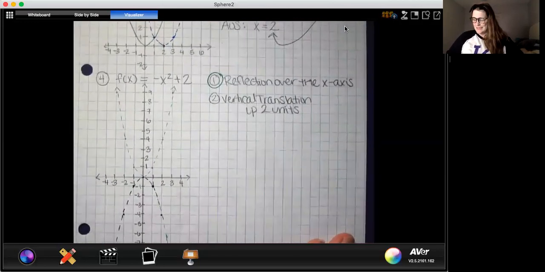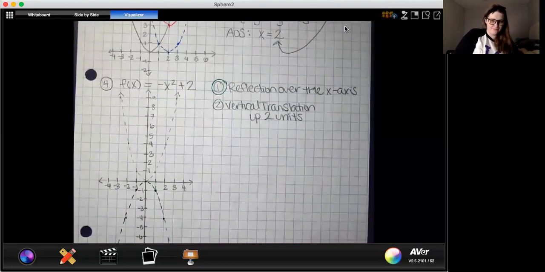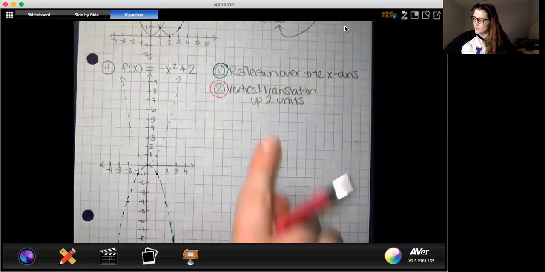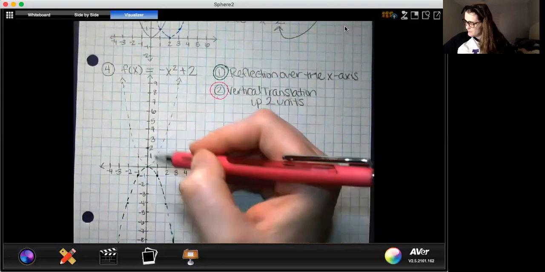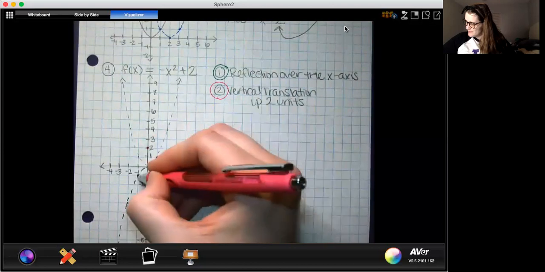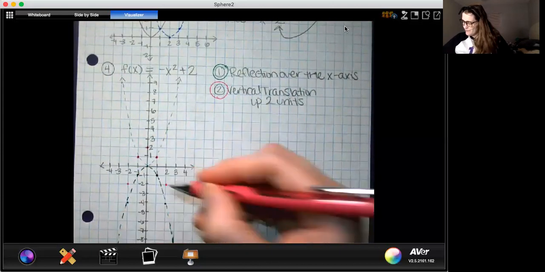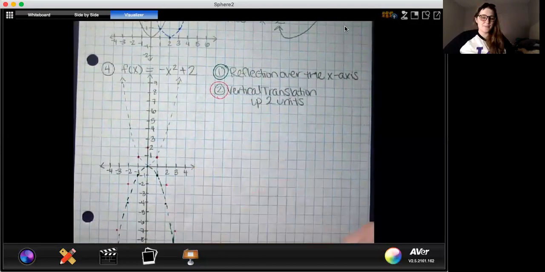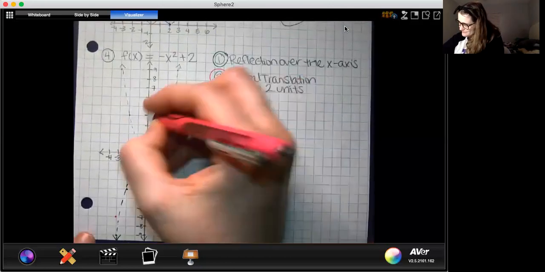Okay, now we need to do our vertical translation, which for me is 2. So everything is going to go up 2 units. So from here, we're going to go up 2. Since this is my last transformation, this one is going to be a solid line.